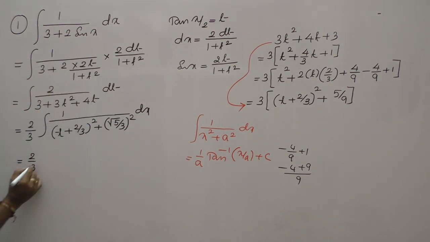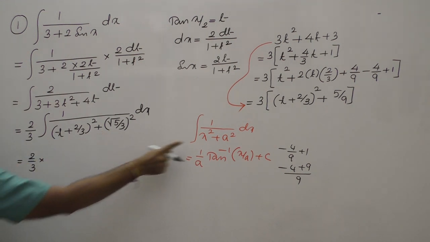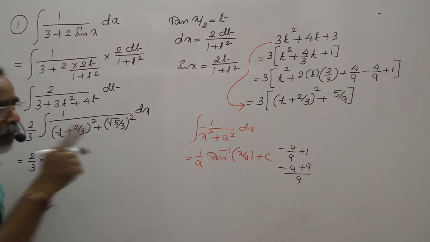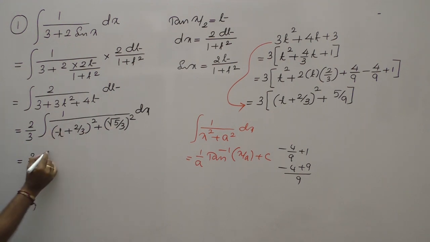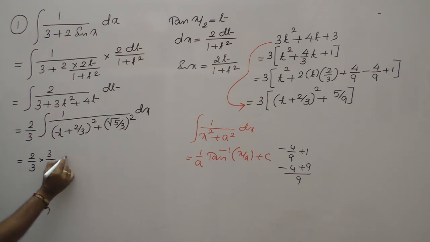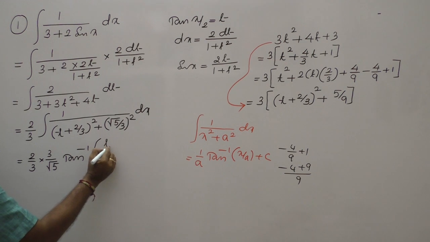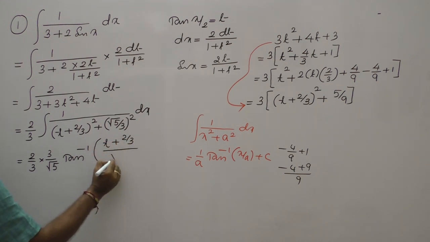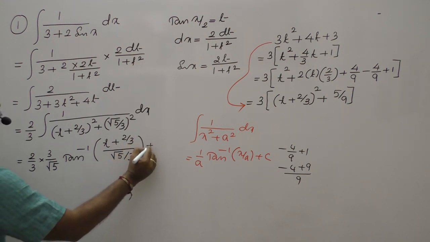Therefore this is 2 by 3 into 1 by, this is x square plus a square. In place of x we have this linear factor, so it can be applied. So 1 by a, this is a, means the reciprocal of this, into tan inverse of x by a. What is x? t plus 2 by 3. a is root 5 by 3, plus c.